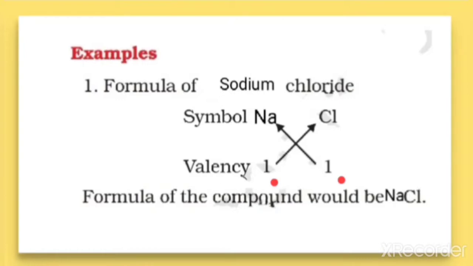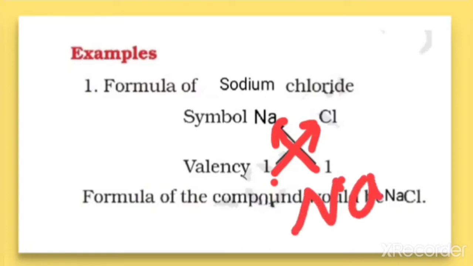Now you have to do crisscross. What is crisscross? That is crossing like this. When you cross it, you make the formula: Na1Cl1, because the 1 goes to Na and the 1 goes to Cl.